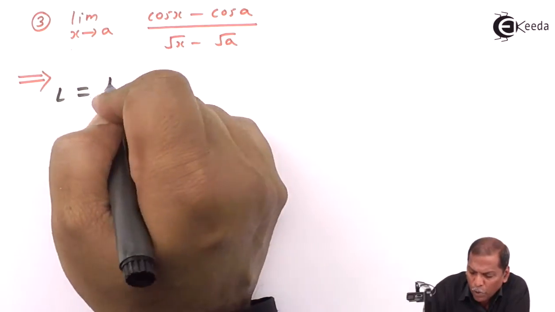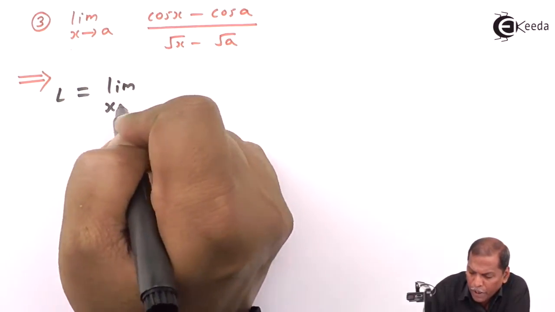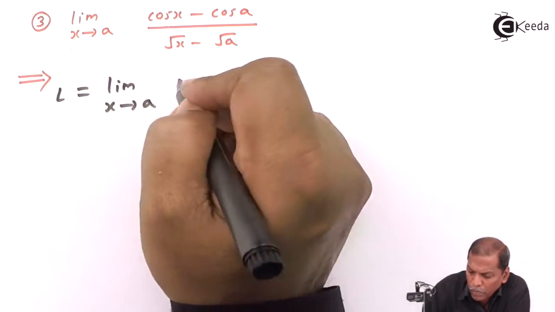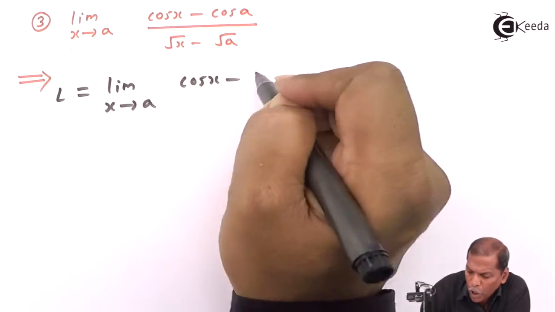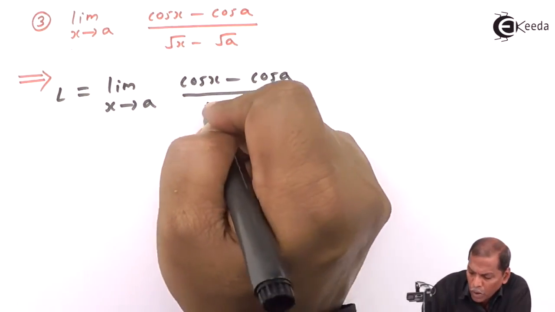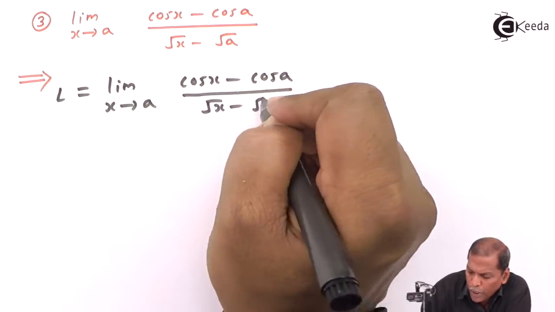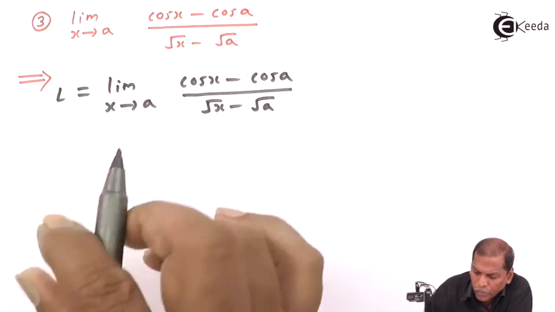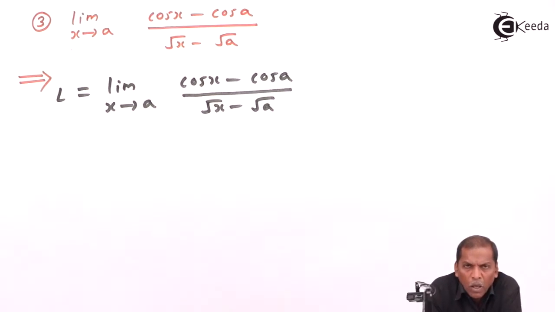L is equal to limit x tends to a, (cos x minus cos a) upon (root x minus root a). Now in this case, the denominator contains a radical part.